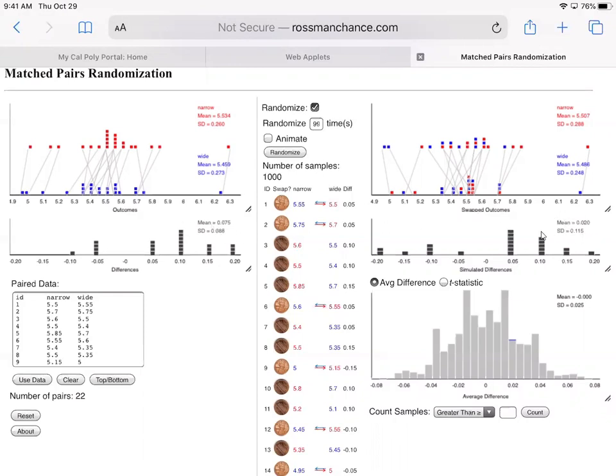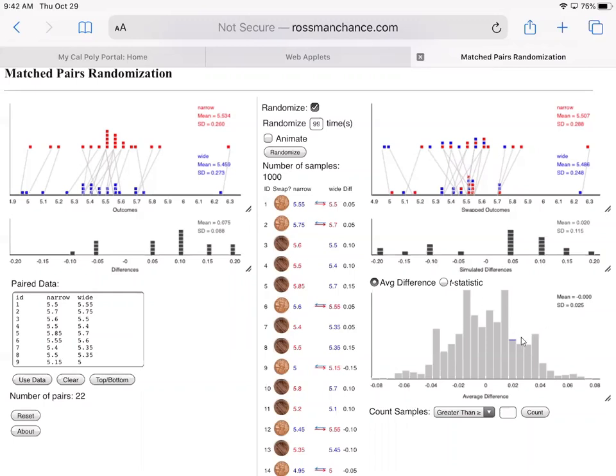So this is randomized, this is the study, and this is just one repetition. Then this mean of 0.02 goes right here in this one. So there's that last repetition. If you did it every time and watched for 1,000 reps, each one of these would get added in here. Each time you hit randomize, it would come in here somewhere.